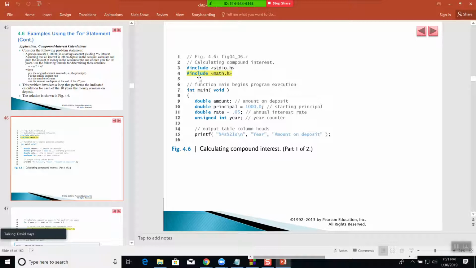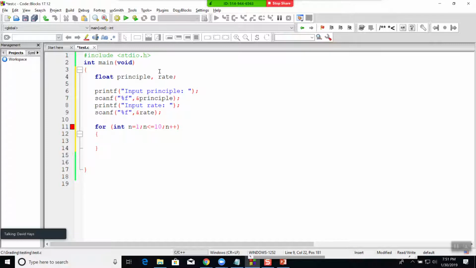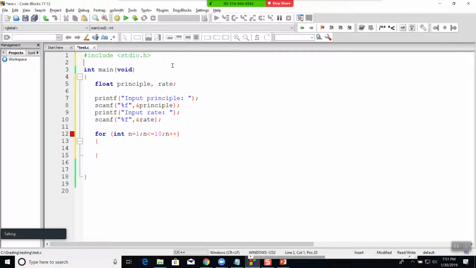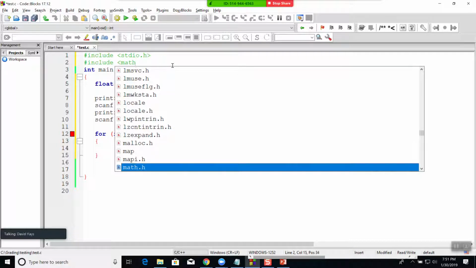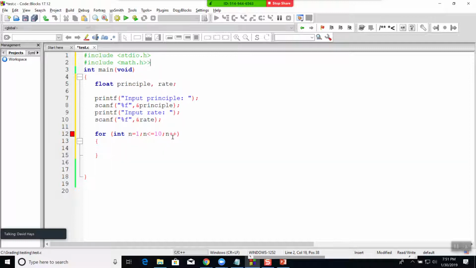Up here, they show where we can include something called math.h. This is where you can bring in libraries. As I start typing, these are all the ones you can bring in. We're going to use some math libraries, so that's why they're having us import math.h.